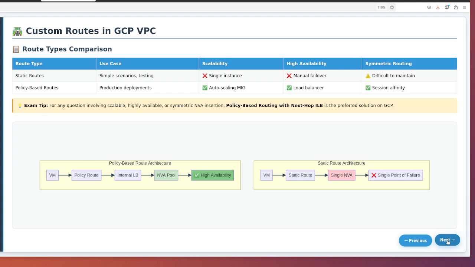The same NVA instance that processes the outbound packet must also process the return packet, otherwise the firewall's state table gets confused and drops the traffic. This distinction between static routes and policy-based routes is a key exam topic. Remember, static routes for simple scenarios and testing, policy-based routes with ILB for production deployments.